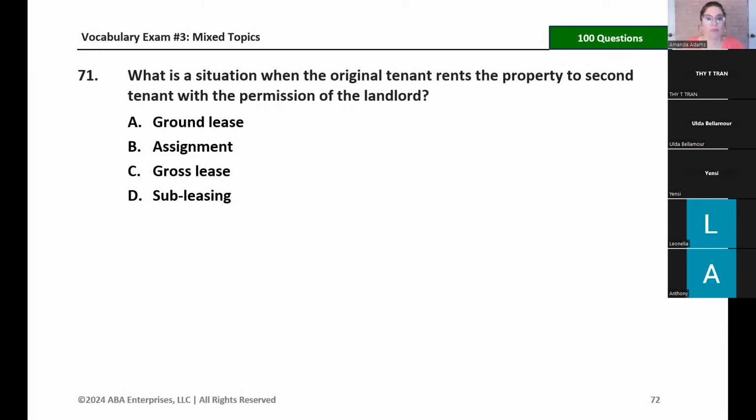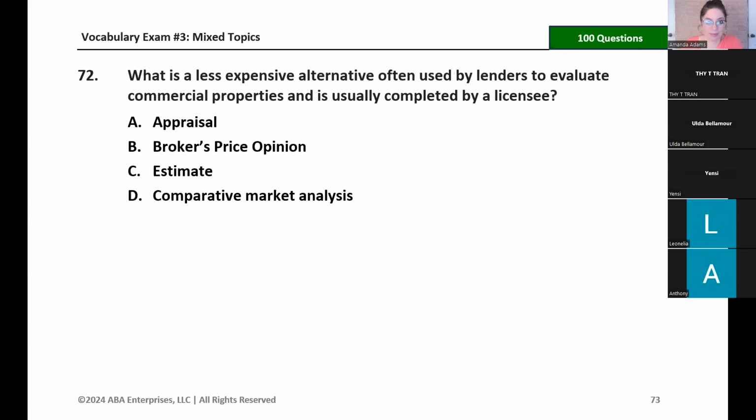Number 71. What is the situation when the original tenant rents the property to a second tenant with the permission of the landlord? That is called subleasing. Yeah, that's a sublease. Number 72.